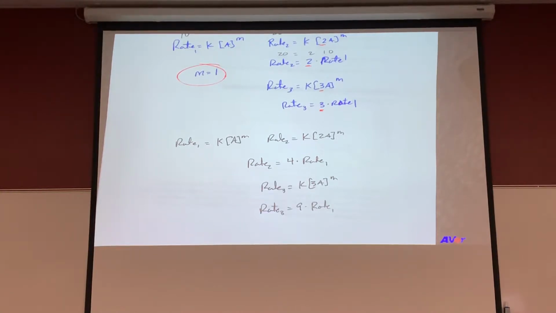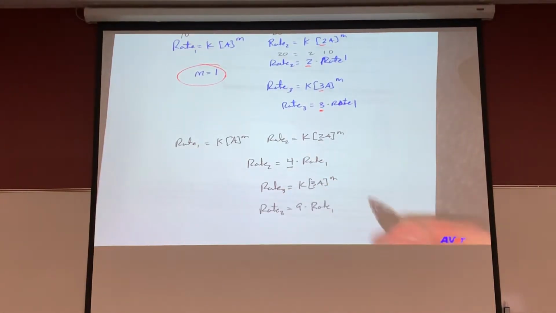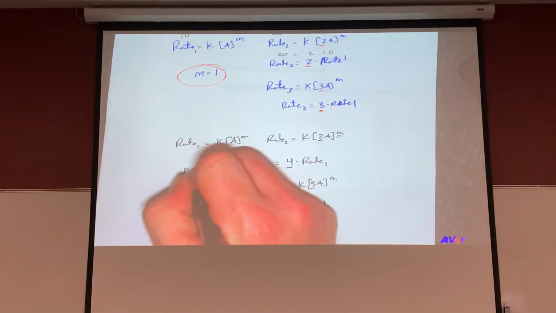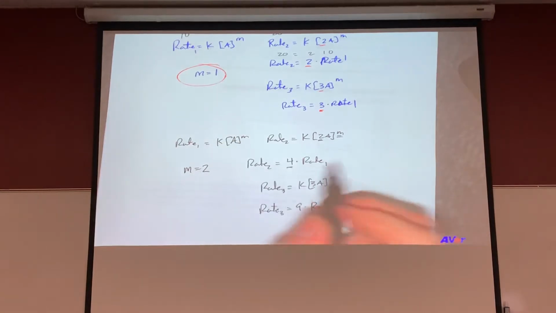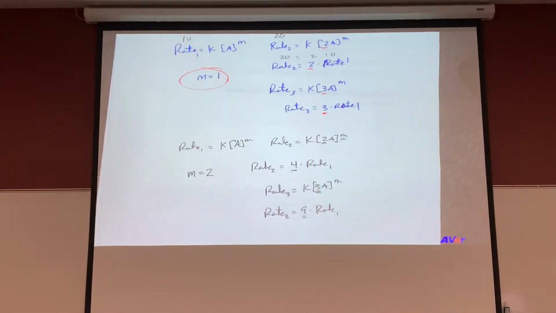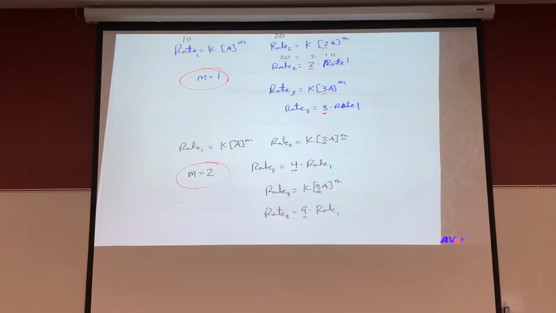It's a square, 2, right? Because if you double it and you get 4 times the rate, m has to equal 2. If you triple it and you get 9 times the rate, m equals 2. Okay, so m equals 2 in this case.